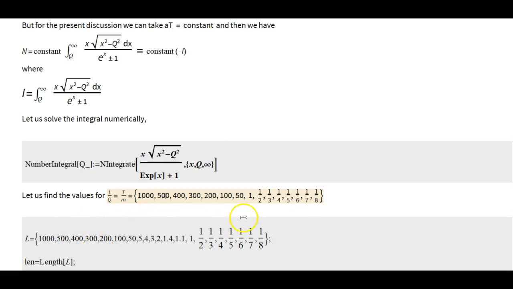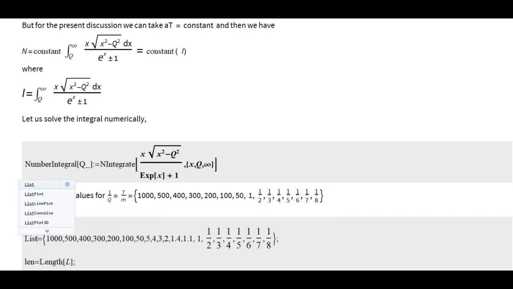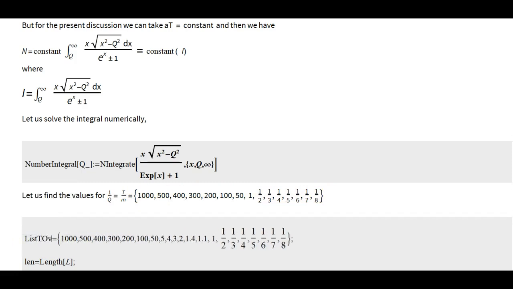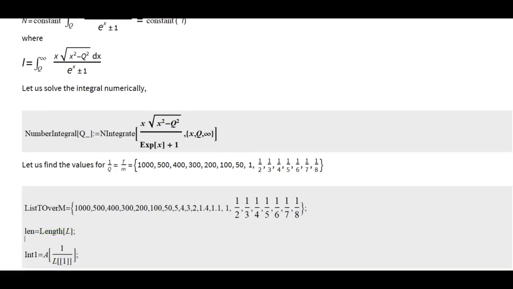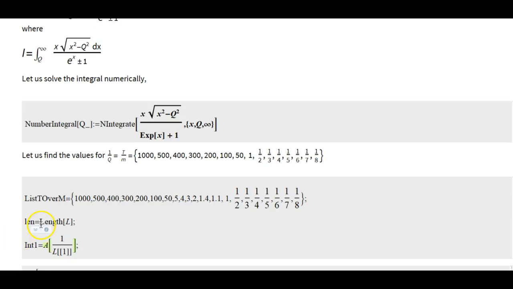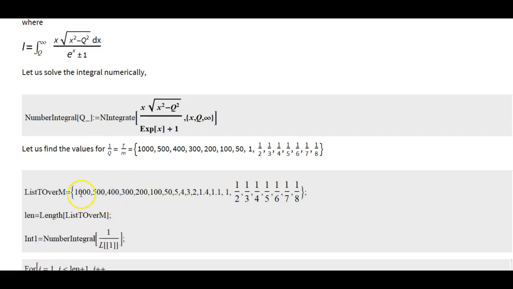So I form a list of these values, which I call list T over M. This is the length of this list, and then this is the number integral evaluated at the first value, which is 1000.